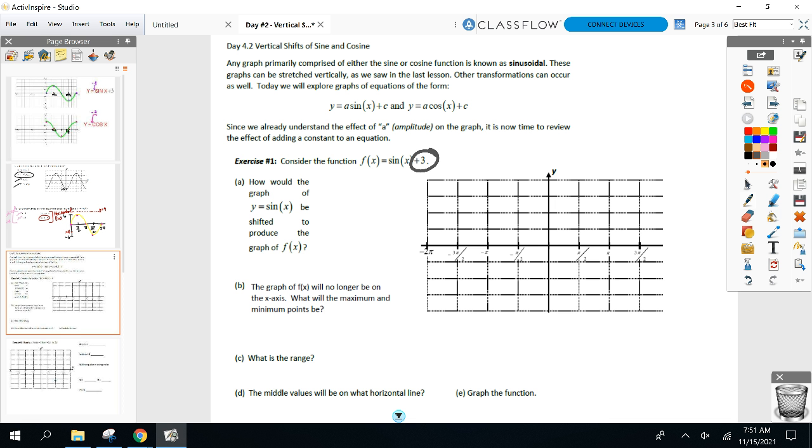Going back to your Algebra 2A days from last year, if it's positive, I'm going to go up, and if it's negative, down. So right here, what am I doing to my basic sine curve? I'm going to shift it up 3 units. We'll graph it in a second.